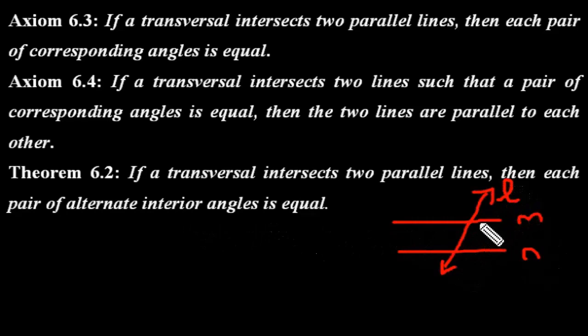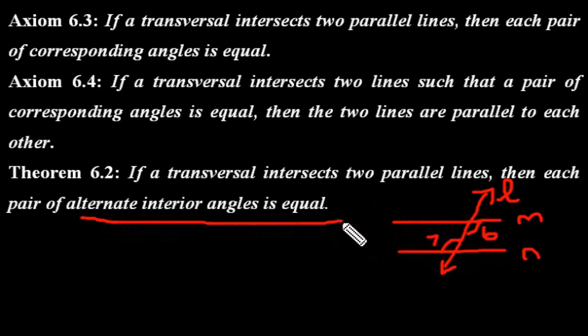What are the alternate interior angles? If I take this as the interior, one of the alternate angles, this angle will be equal to this one on the other side. I have taken the left side on the top and the right side on the bottom, like this. It will be so either way. So angle 6 and angle 7 are equal. Alternate interior angles are equal.